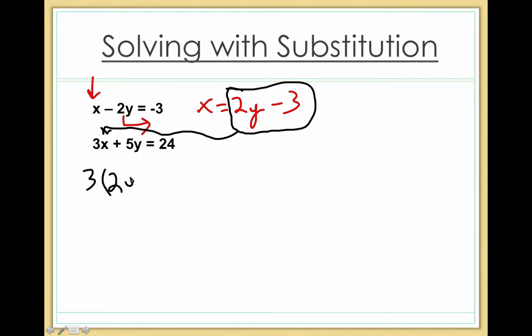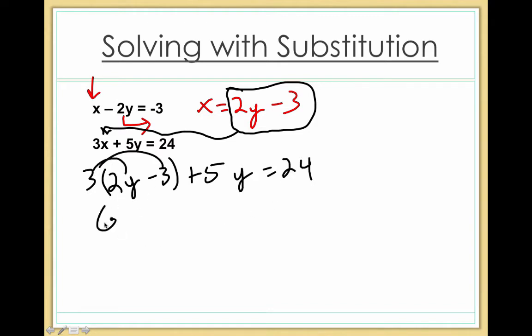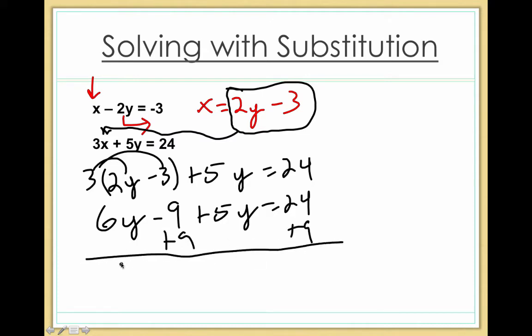3 times (2y minus 3) plus 5y equals 24. Solve. Distribute. 6y minus 9 plus 5y equals 24. Plus 9, plus 9. 6y and 5y, 11y equals 33.